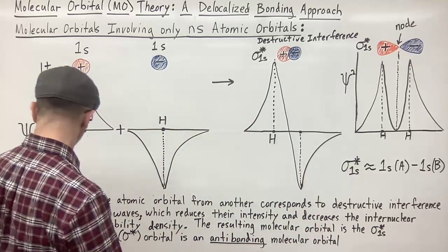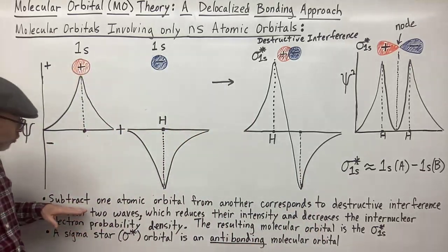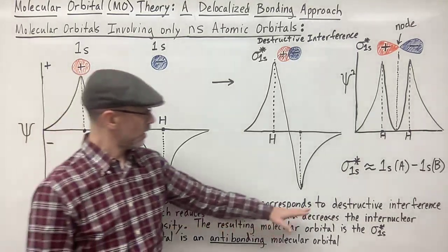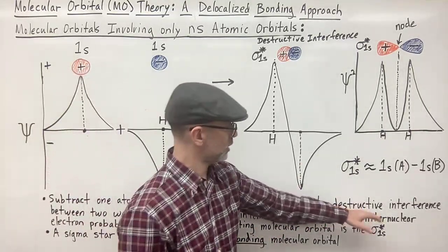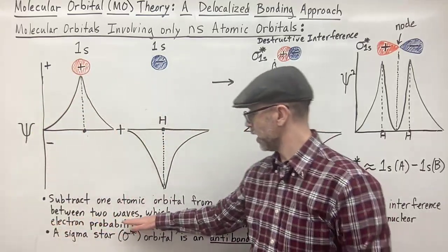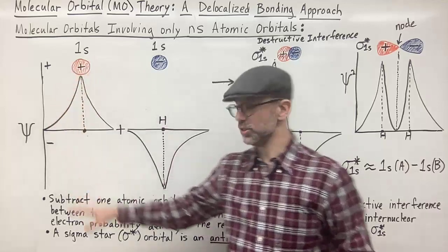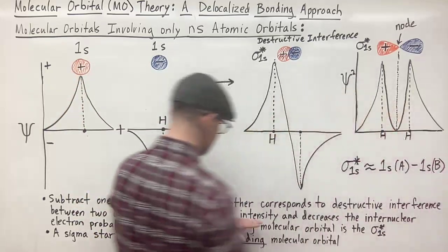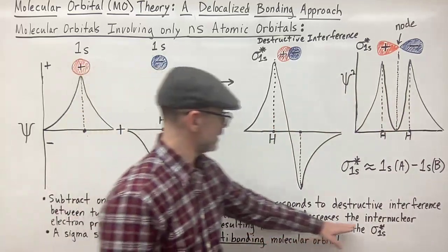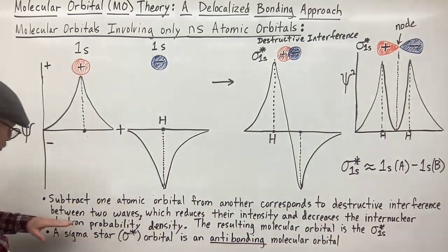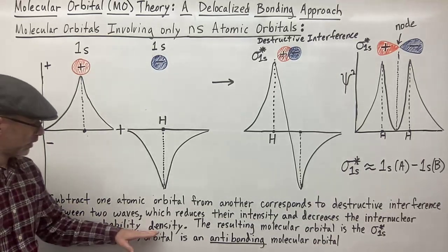And so what does this mean? When you subtract one atomic orbital from another, this corresponds to destructive interference between the two wave functions, which reduces their intensity and decreases the internuclear electron probability density.